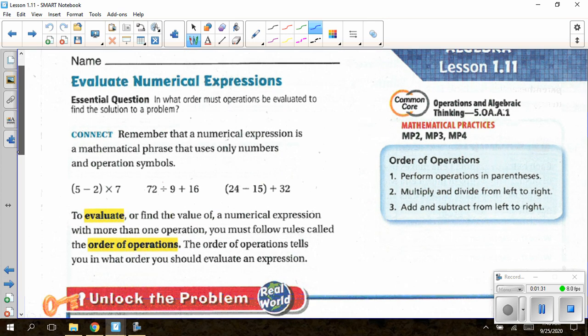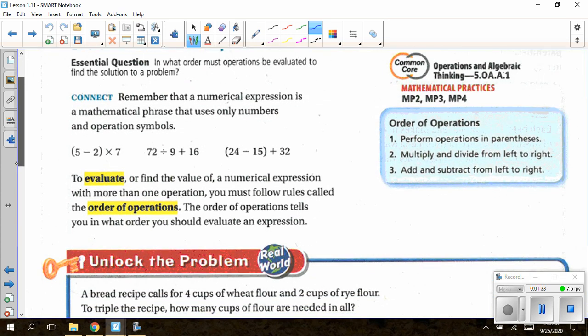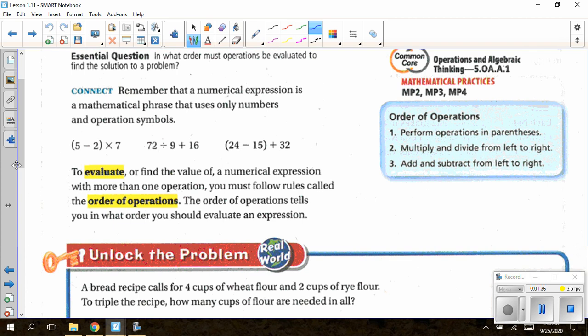To evaluate or find the value of a numerical expression with more than one operation, you must follow rules called the order of operations. The order of operations tells you in what order you should evaluate an expression. We perform our operations in parentheses first. That's always the first step. We look to see if there are any parentheses, and if there are, whatever is inside those parentheses we solve first.